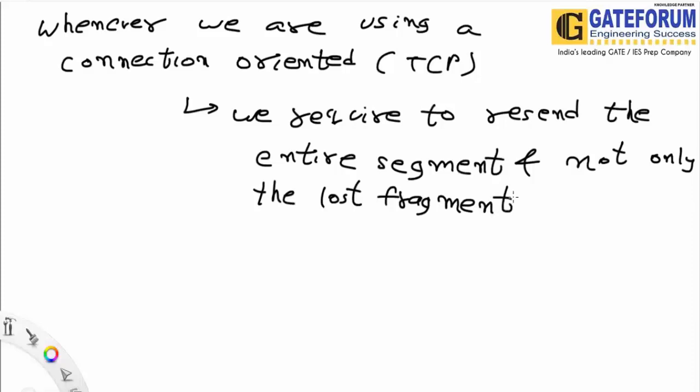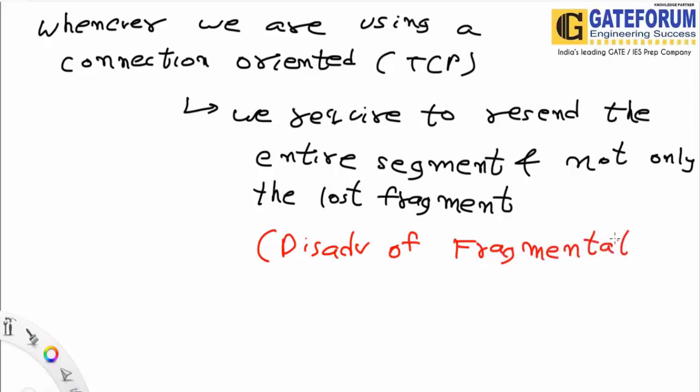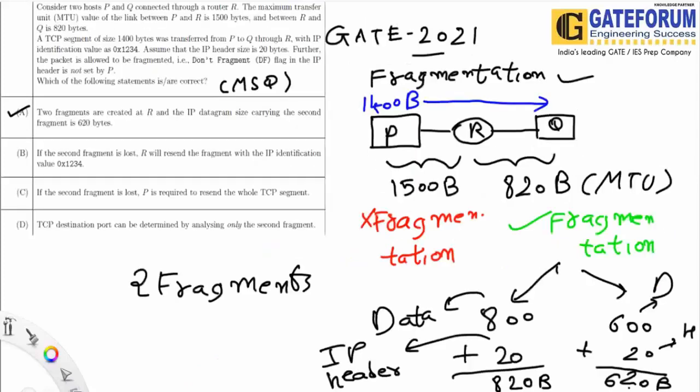We can consider this one of the disadvantages of fragmentation, because even though the first fragment reached successfully and the second fragment had a problem because of which it was lost, we need to send both the fragments again, or you can say the entire segment again.